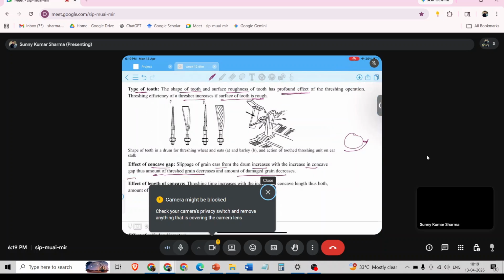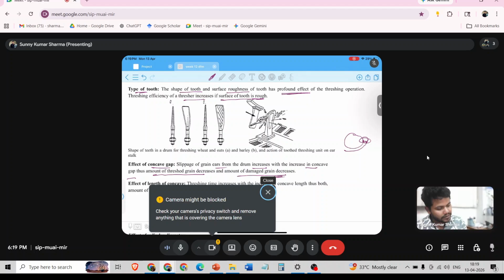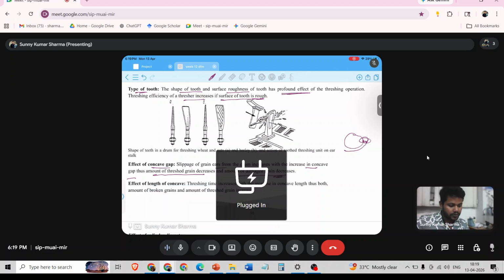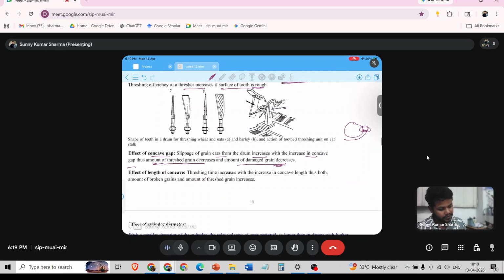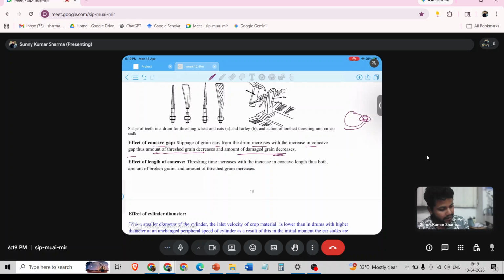If the gap is increasing, threshing efficiency will decrease and amount of damaged grain will also decrease because less crop is being exposed, because less crop is being crushed. This is complementary to each other. You can make a thumb rule that if threshing efficiency decreases, most of the time damaged grain decreases.